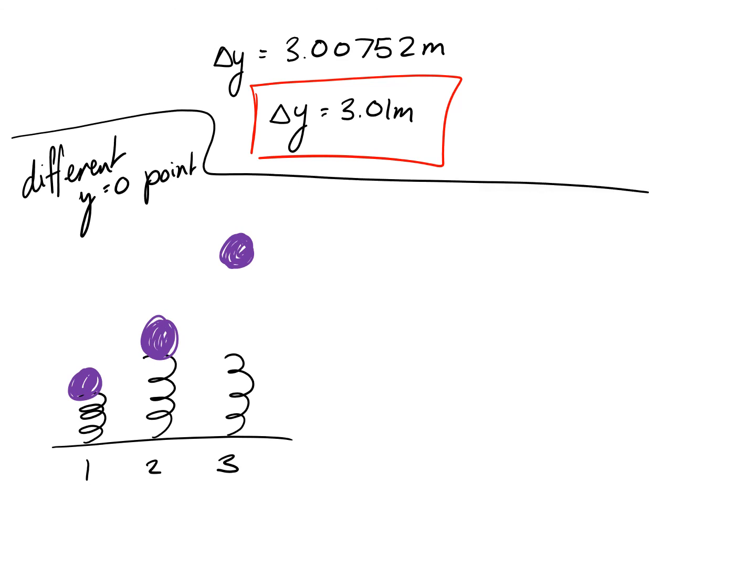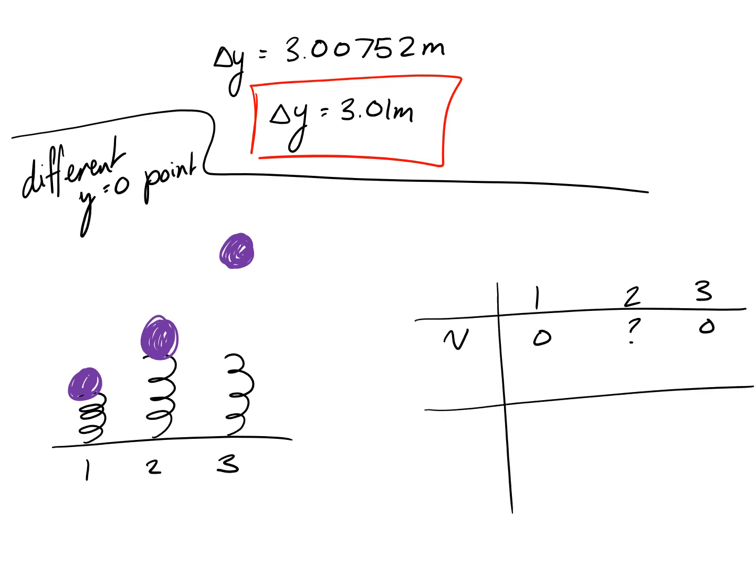So, regardless of what I want to say, the velocity values are going to be the same for the 3 points. I'm still going to have 0, some unknown, and 0. Those are going to remain constant.